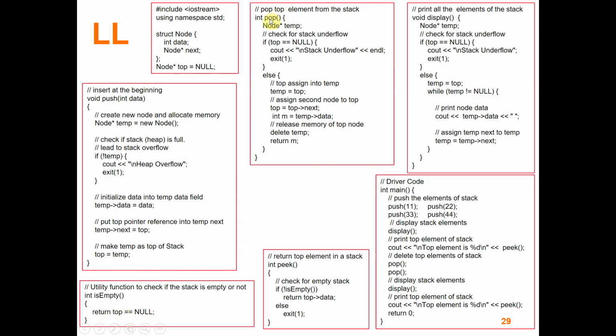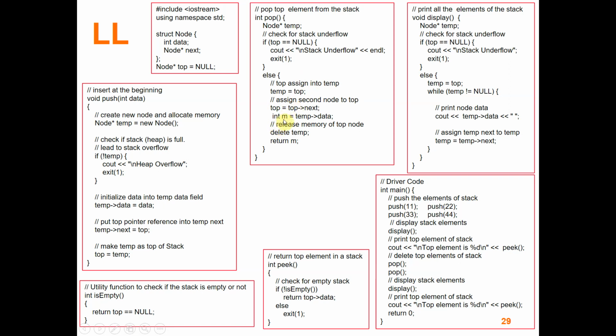The pop function, we have a temporary pointer. Using this temporary pointer, we make it point to the top of the stack. We move the top to the next node in the stack, or to null if you only have one node.